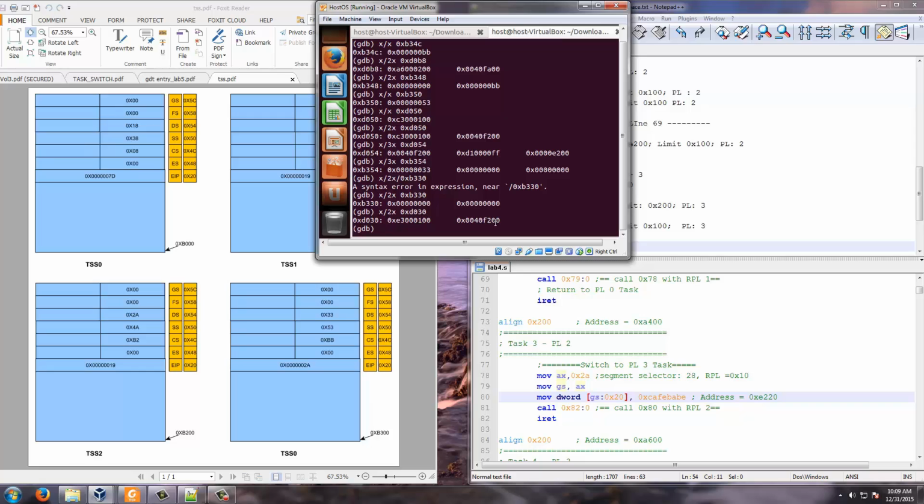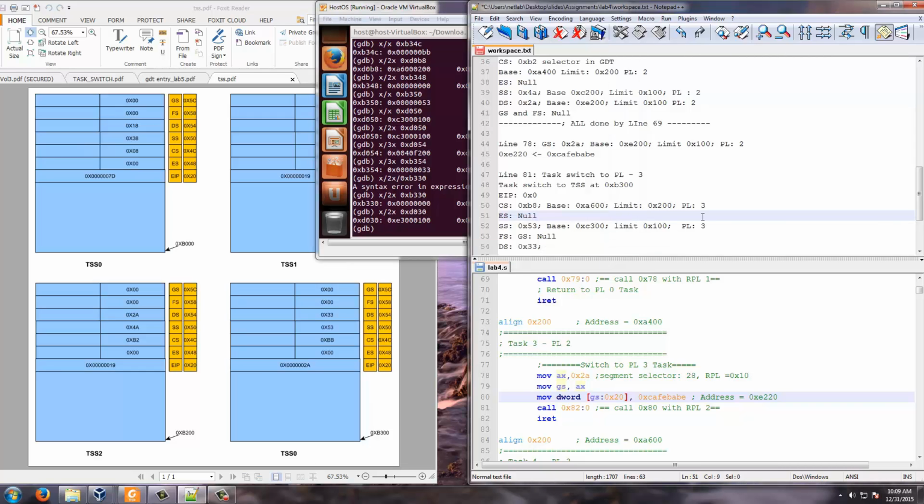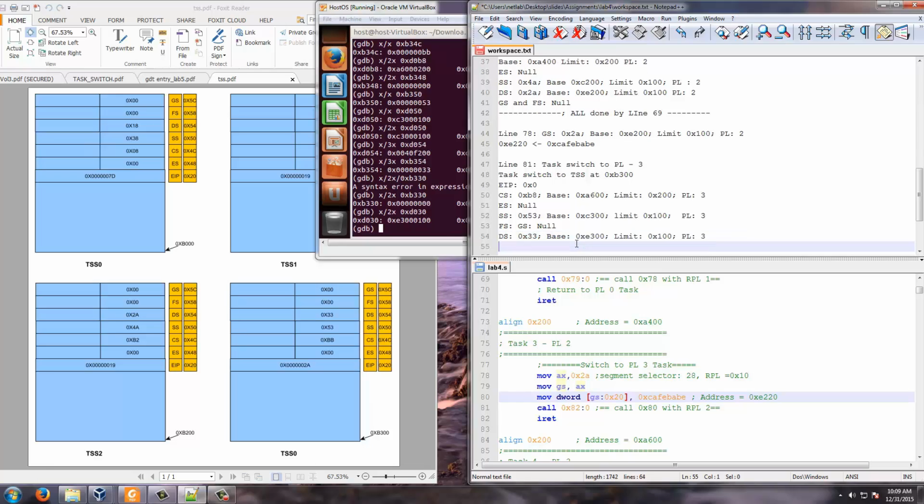So this is a data segment starting at E1300, 100 base, and this is privilege 3. So now we will go and see that base is 0xE1300, limit is 0x100 and privilege is 3.